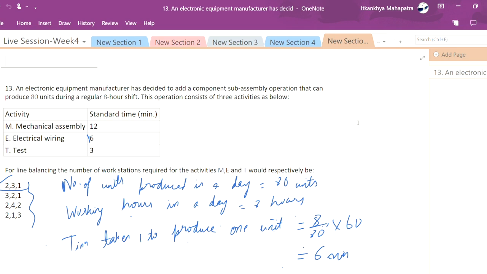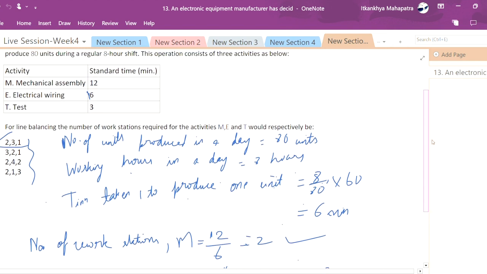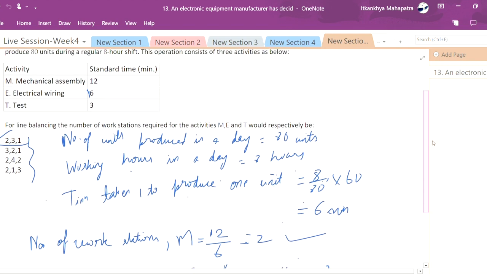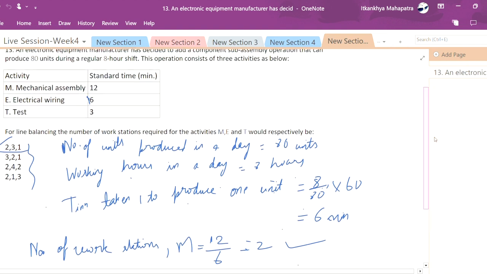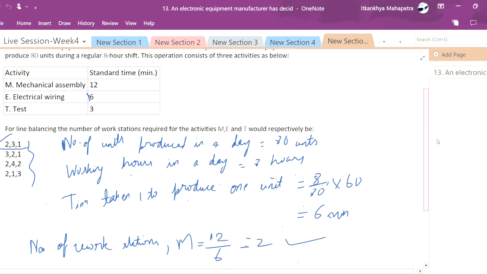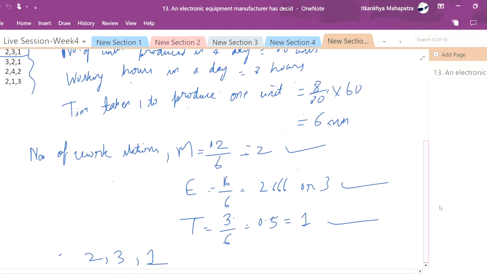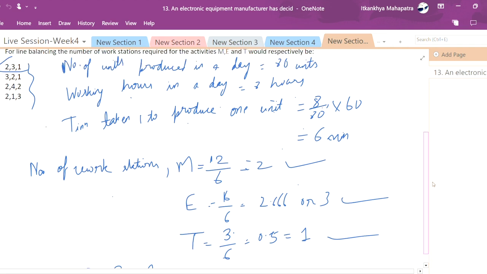What we do here is we first find out the time taken to produce one unit, and after it is found out, we find out the number of workstations required for each activity, that is found out by the standard time divided by the time taken to produce one unit, and the minimum, then we arrange it according to the time.